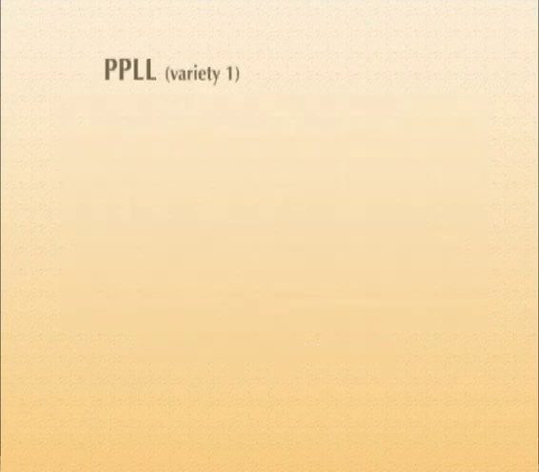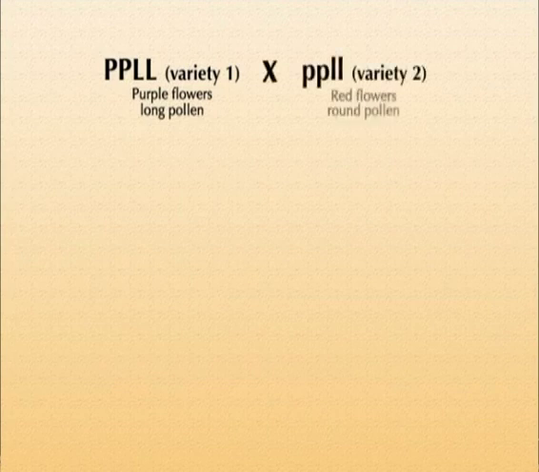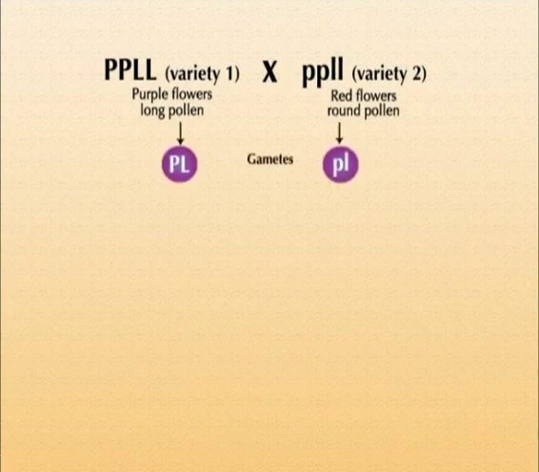A sweet pea variety with purple flowers and long pollen, designated genotypically as PPLL, was crossed with another variety with red flowers and round pollen, designated as ppll. All the F1 plants had purple flowers and long pollen.